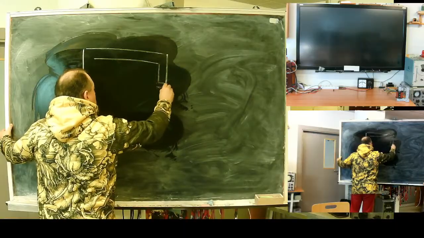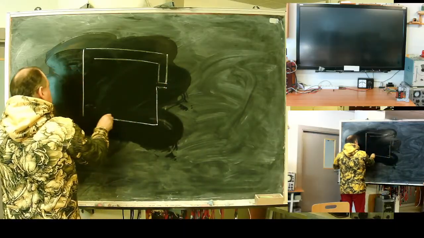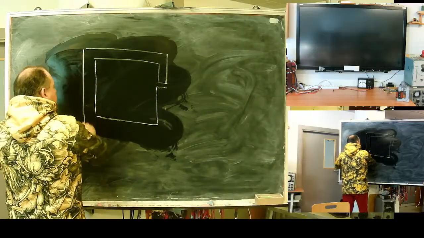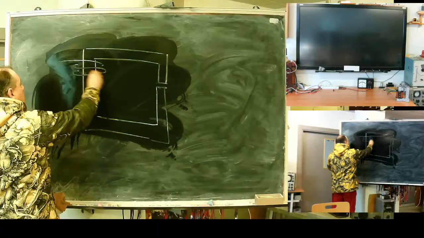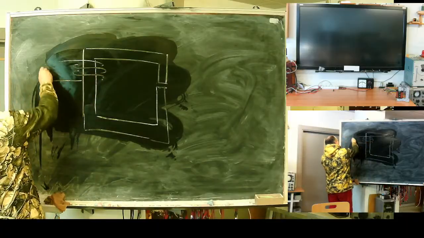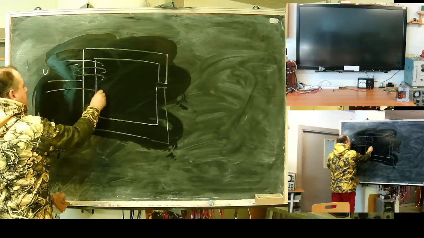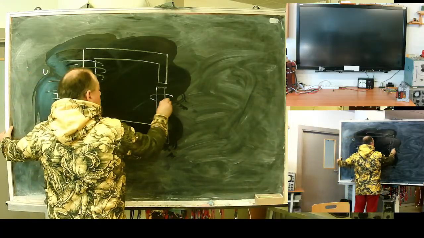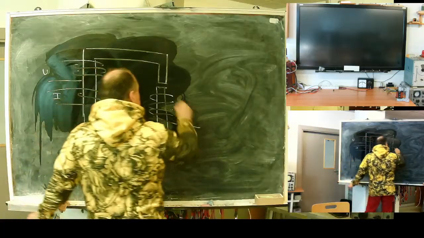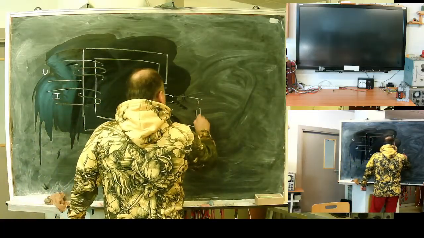Core. This air gap. One winding is for voltage. Second winding for current. Secondary.